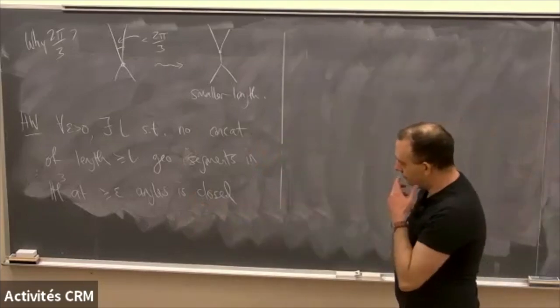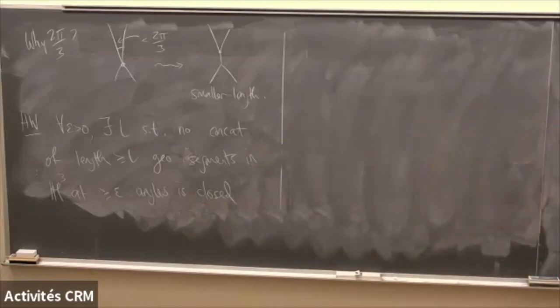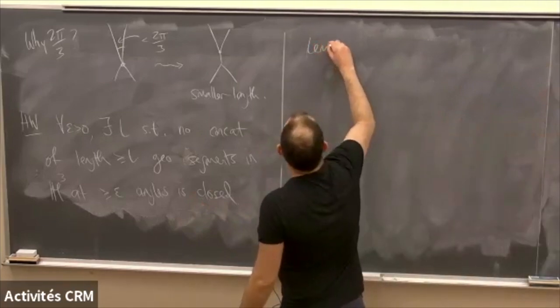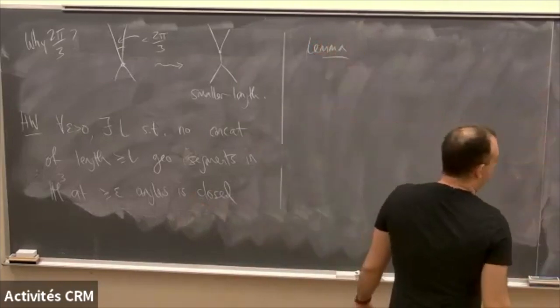From this we can get the first interesting statement about the geometry of minimal length carrier graphs. Always X is a minimal length carrier graph.